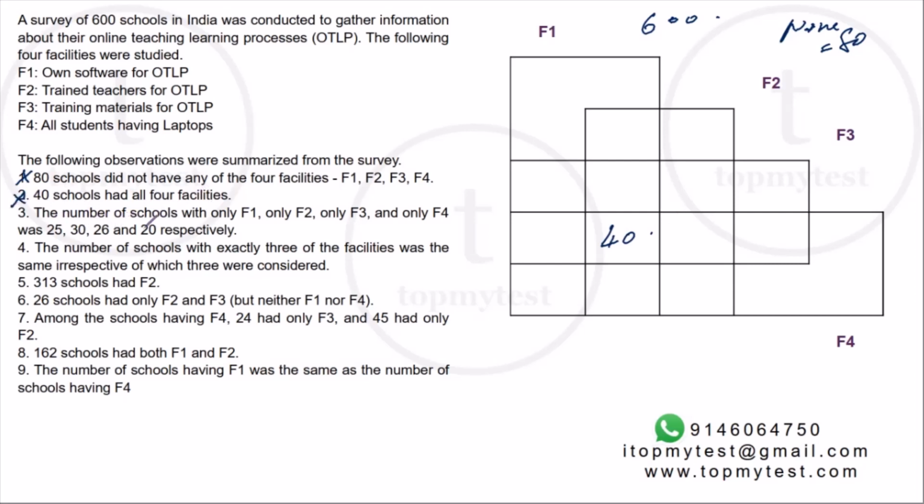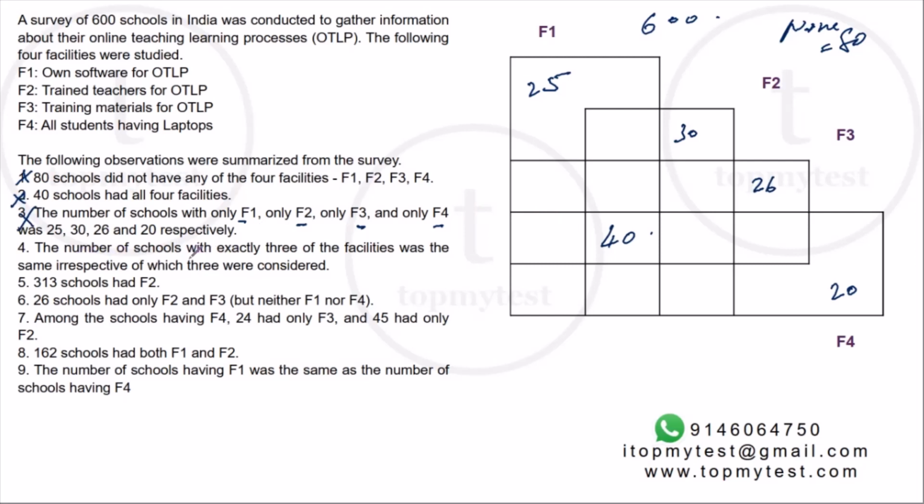The number of schools with only F1, only F2, only F3, only F4 was 25, 30, 26 and 20. So this is 25, only F2 is 30, only F3 is 26 and only F4 is 20. Okay, this is taken care of.